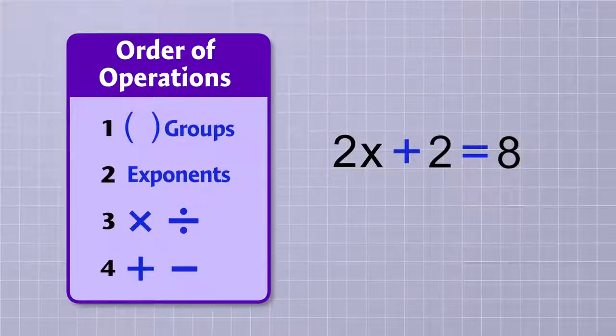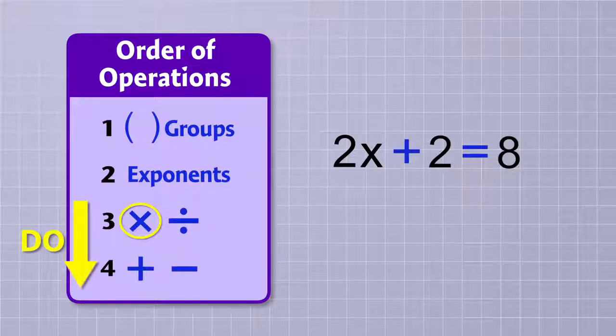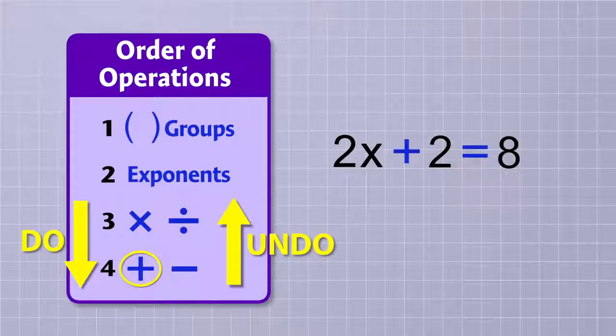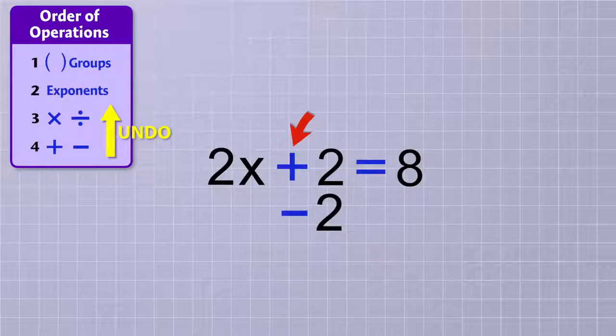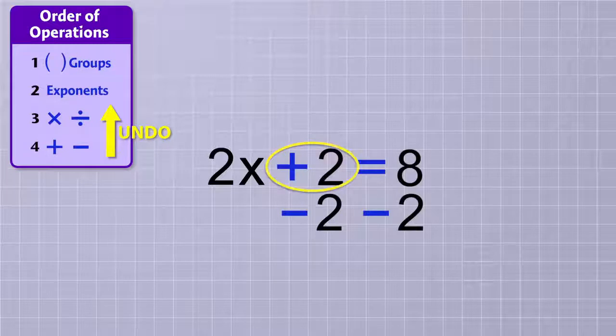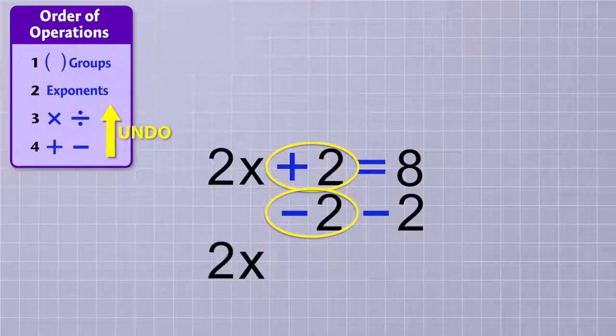Since the order of operations rules tell us to do multiplication before we do addition, we should undo addition before we undo multiplication. So first, we undo the addition by subtracting 2 from both sides of the equation. On the first side, the plus 2 and the minus 2 cancel each other out, leaving just 2x on that side.